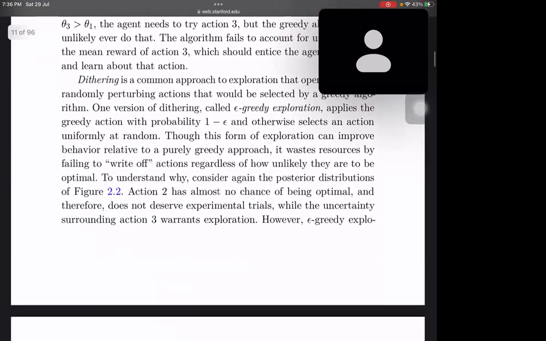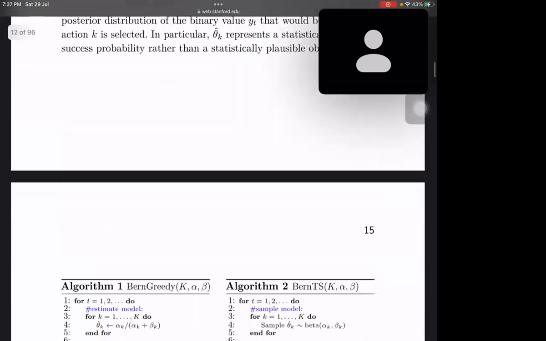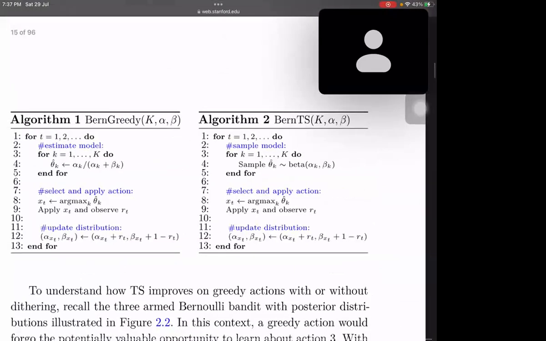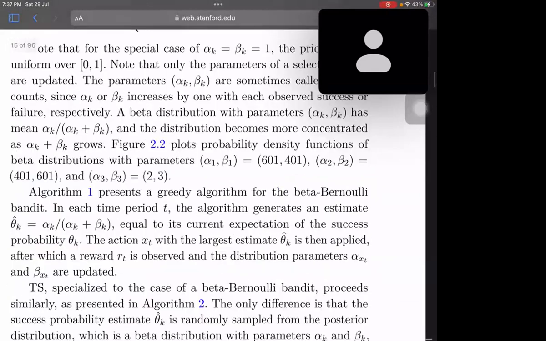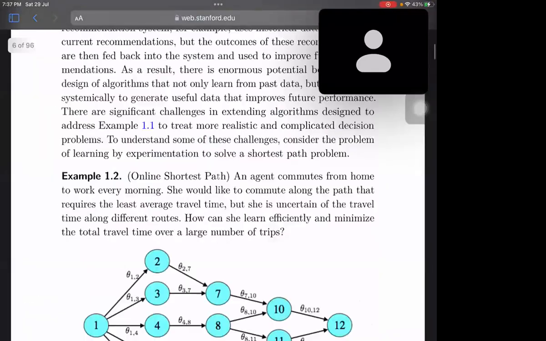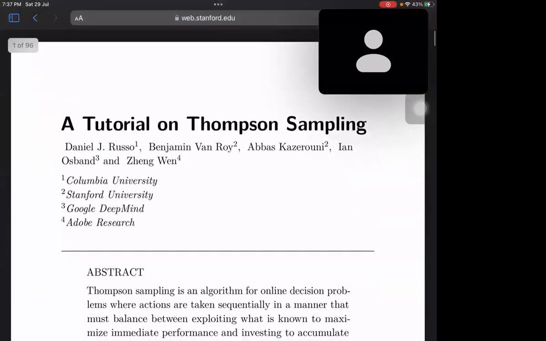The dithering concept is the same. And then the Thompson sampling, and how we came up with it, what is Thompson sampling and all these things. I gave you this just so that you can refer to it for future use as well. All of you got this article?